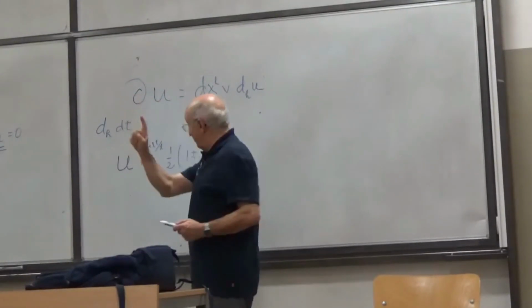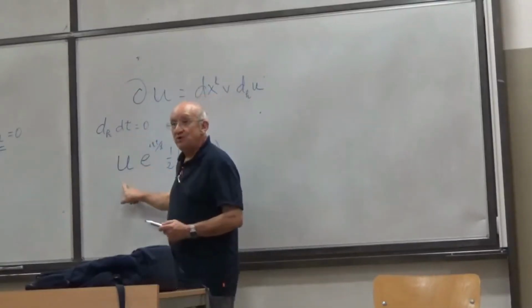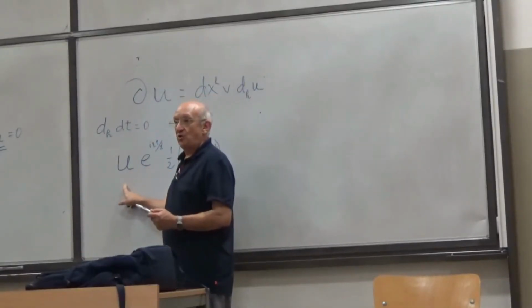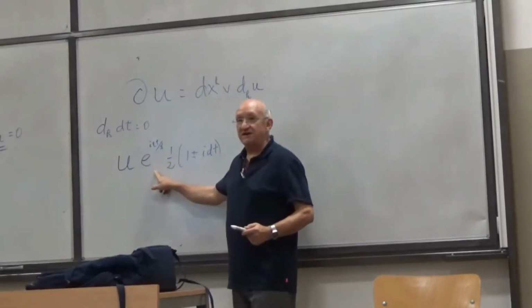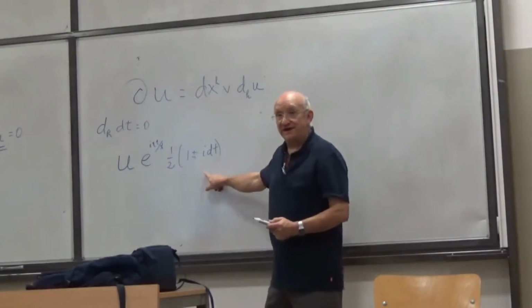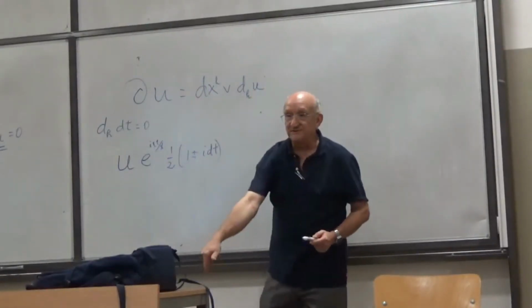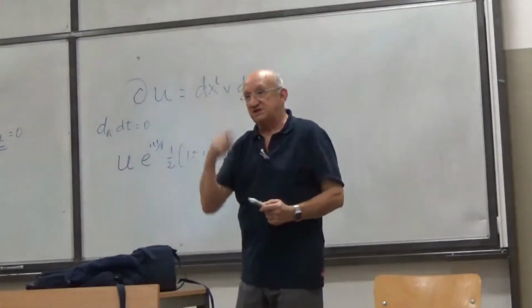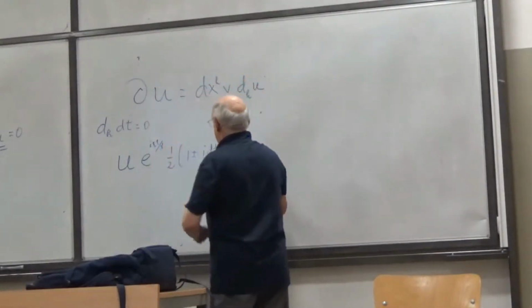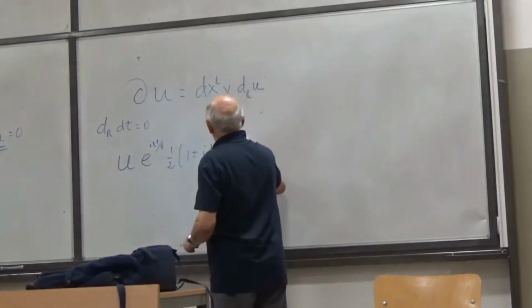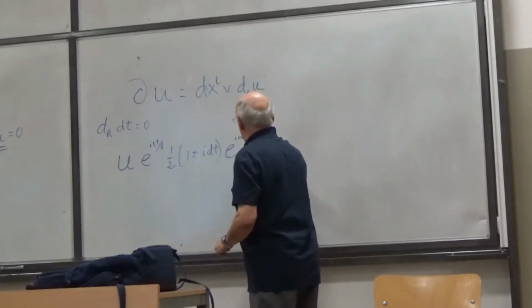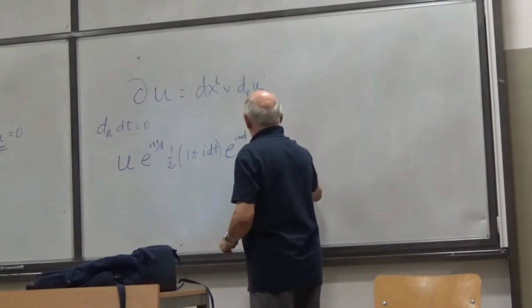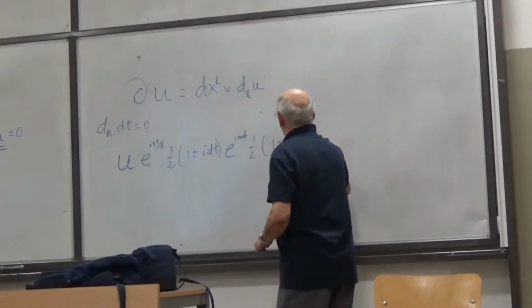Now, this u is not going to depend on t and on dt. The only dependence on t is here, and the dependence on dt is there. If in addition I have rotational symmetry, I must also have the factor 1/2 (1 plus or minus i dx dy).